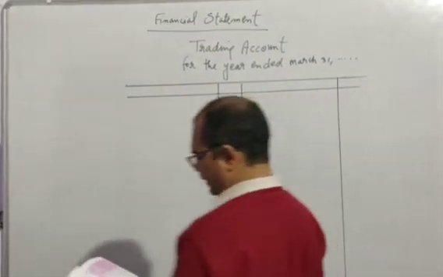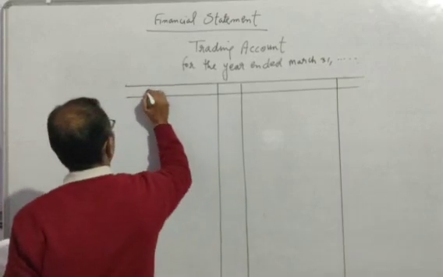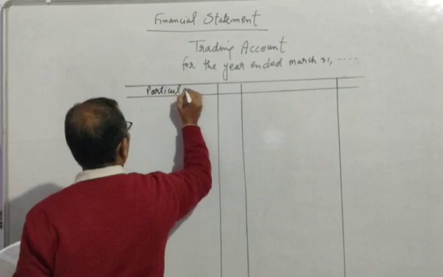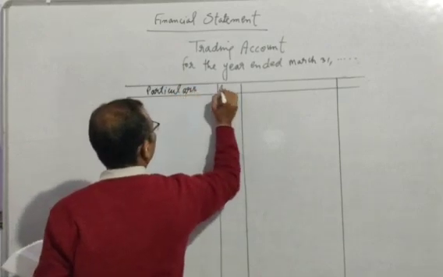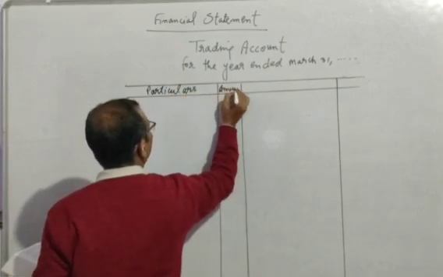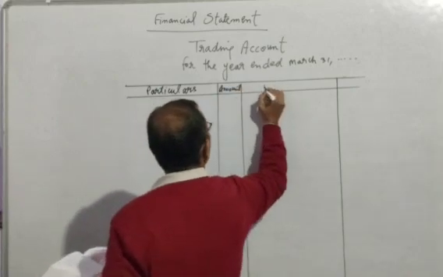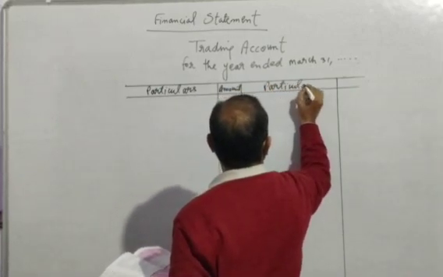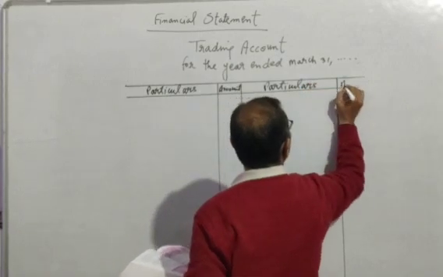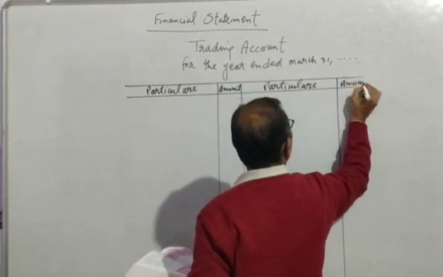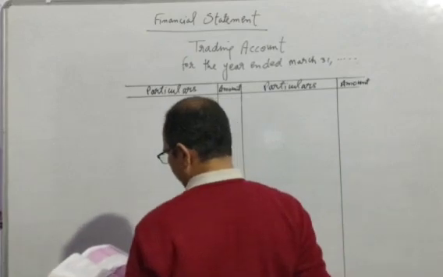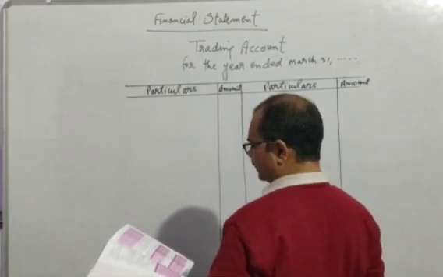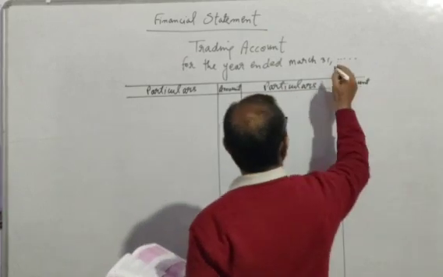First of all, we will write here particulars and amount, and in the question it is written: prepare a trading account for the year ended 31st March 2019.